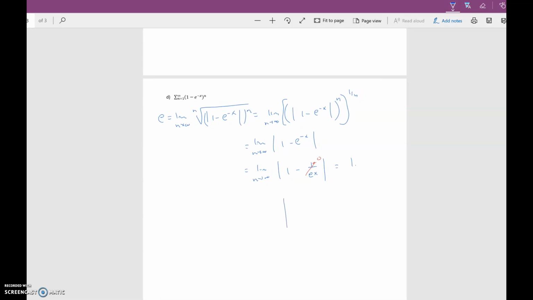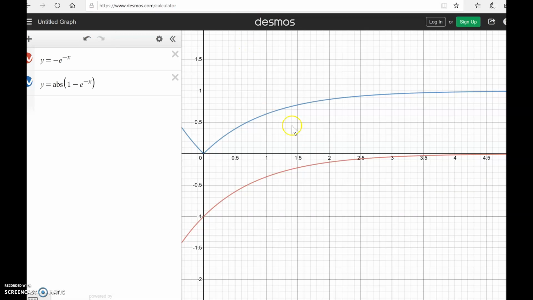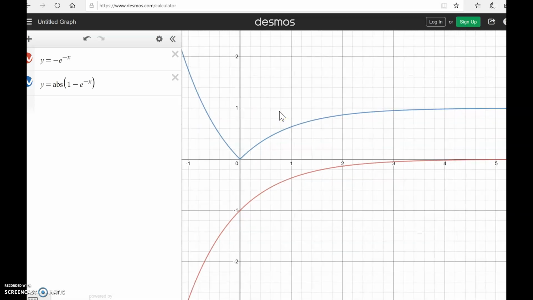And for the justification, let me just put the sketch here. Your e to the negative x, let me graph it and then I'll come back to this. Okay, so here's the graph. Hold on, wrong graph. Okay, here it is. If you're just looking at e to the negative x, it goes to 0. If you look at the entire expression with an absolute value, it's going to go to 1.